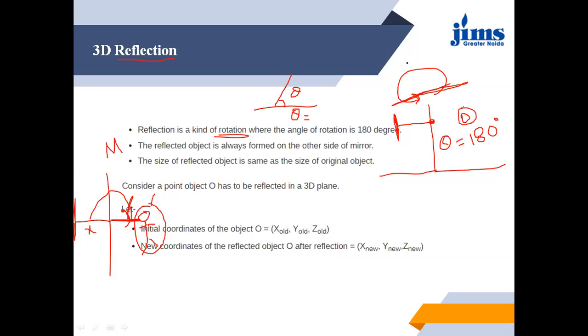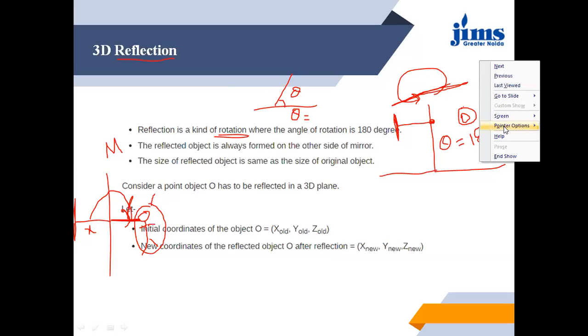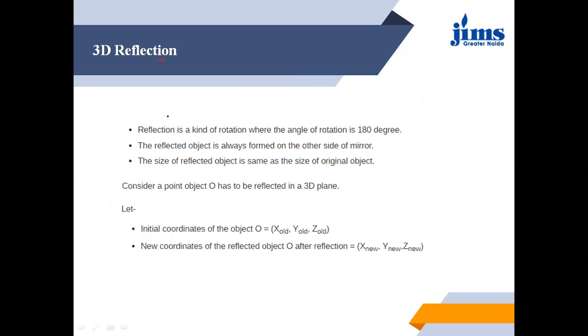So this represents a special case of rotation. So reflection is a kind of rotation where the angle of rotation is 180 degrees. The reflected object is always formed on the other side of the mirror. As I told you, suppose this is the object, then the reflection image will be on the other side.